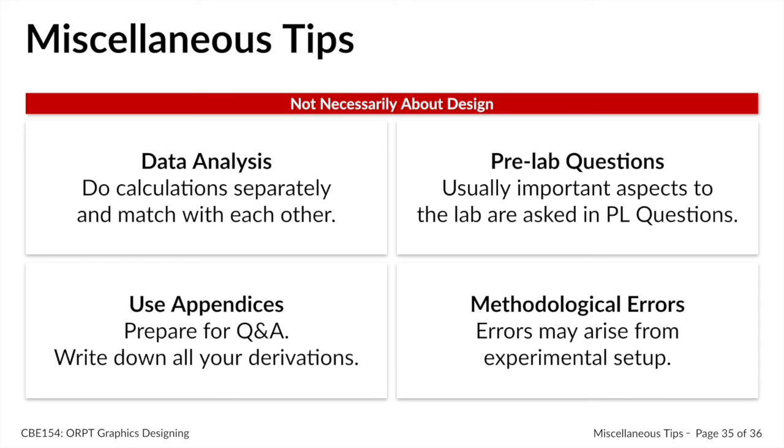Lastly, but not least, always understand that your experiment and the raw data that you collected during your CB 154 lab are subjected to methodological errors. Methodological errors are errors that arise from the experimental setup, and because we live in a non-ideal world, these experimental apparatuses are not always perfect.